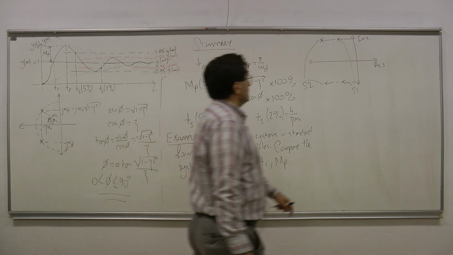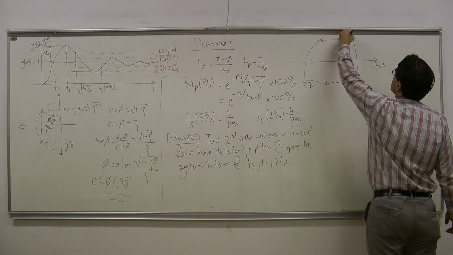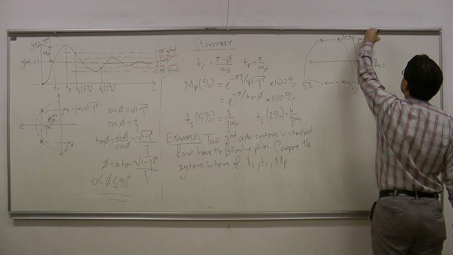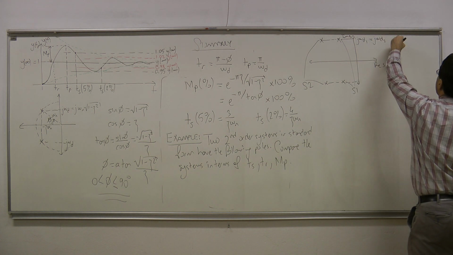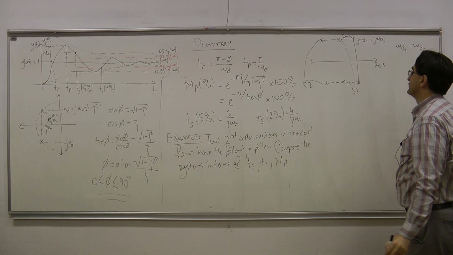So this is j omega d1, this is at the same time equal to j omega d2. So omega d1 is equal to omega d2 for these two systems.